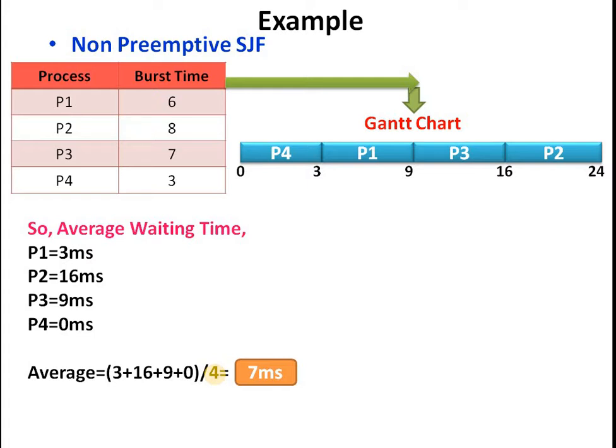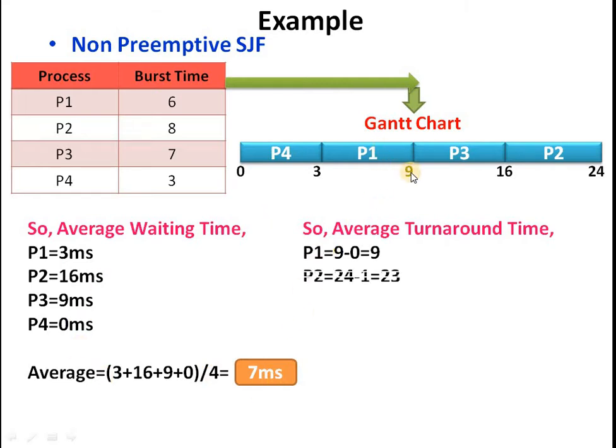Likewise, calculate the average turnaround time. Turnaround time for P1 is 9 milliseconds. P2 is 24 milliseconds. P3 is 16 milliseconds, and P4 is 3 milliseconds.